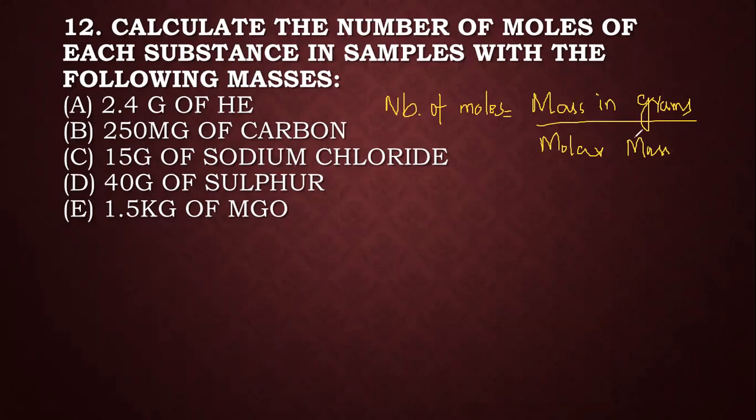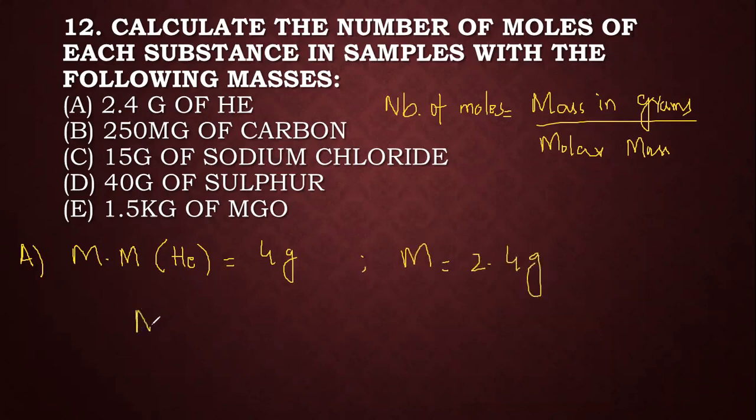So by considering this formula, we just substitute the values of the mass and molar mass, which defines the number of moles. In part A, we're given 2.4 grams of helium. First we have to find the molar mass of helium. The molar mass of helium is 4 grams, and the mass given is 2.4 grams.